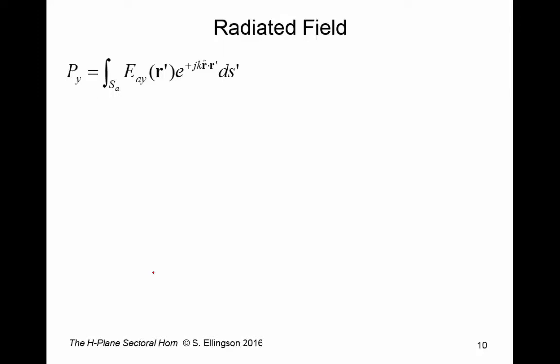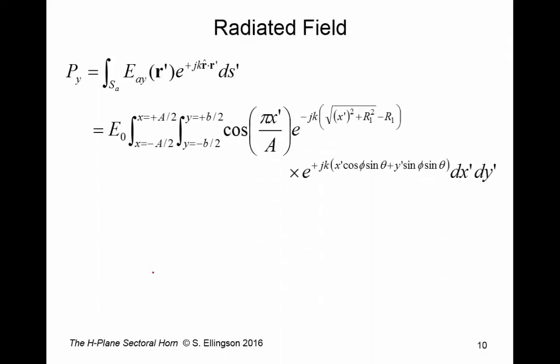We can work out P sub y, the y component of the spatial Fourier transform over the electric fields in the aperture. Making the substitution, we get this expression. We can pull E naught out because that's a constant. This is an integral over the aperture, which is x going from minus a over 2 to plus a over 2, y going from minus b over 2 to plus b over 2.